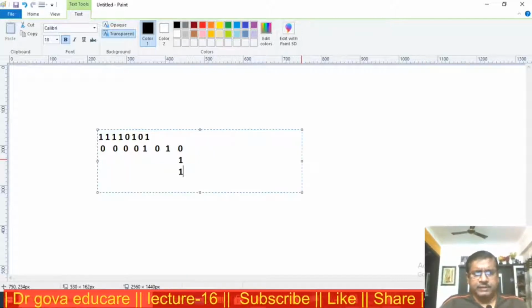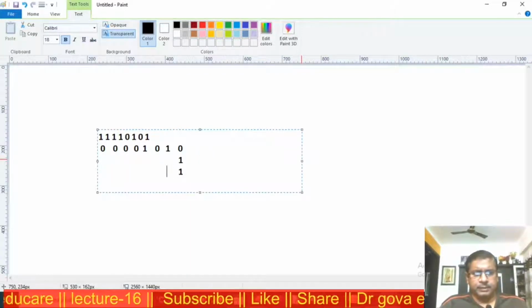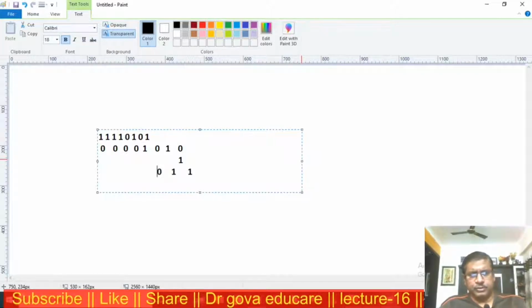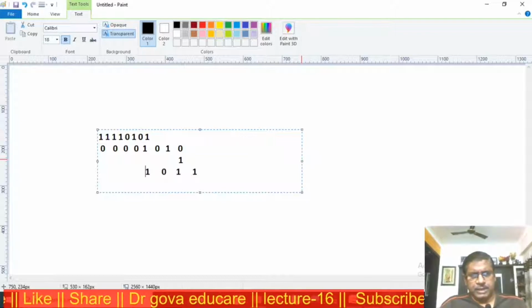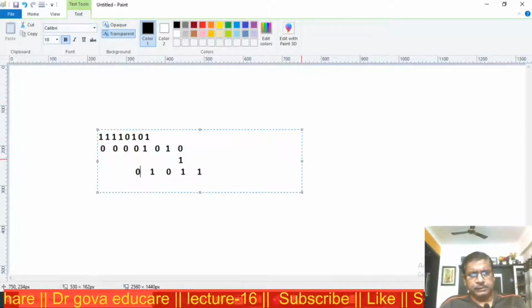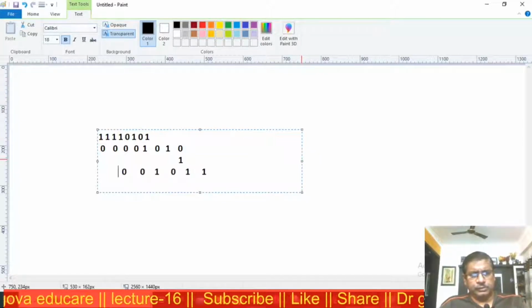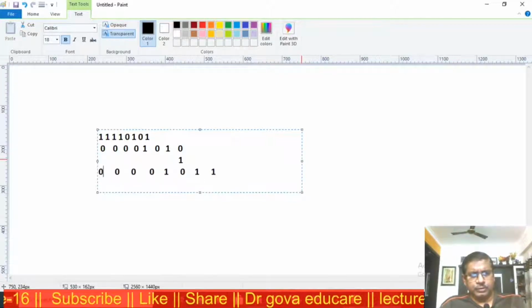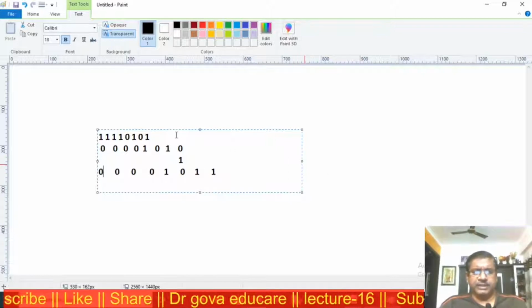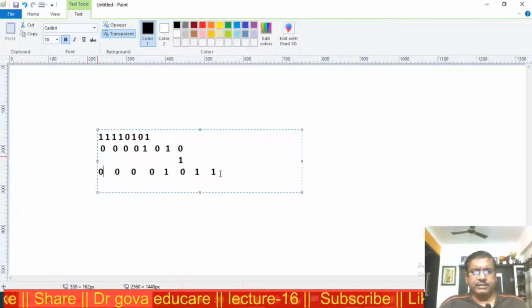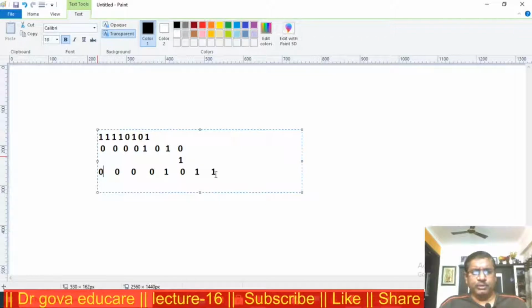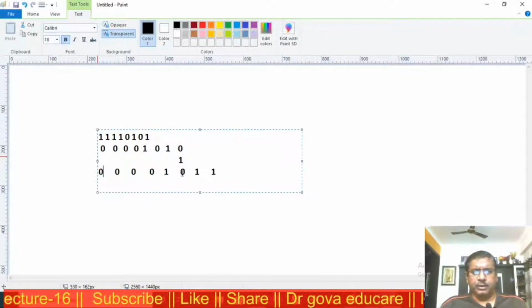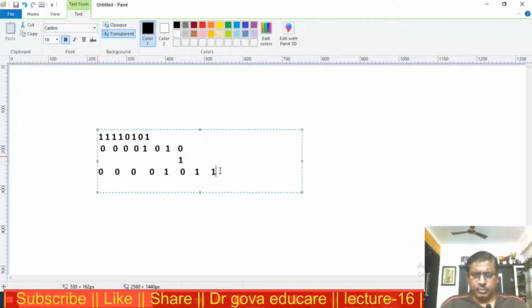0 plus 1 is 1. 1, 0, 1, 0, 0, 0, 0. Now these are the bit weights: 2 power 0, 2 power 1, 2 square, 2 cube.